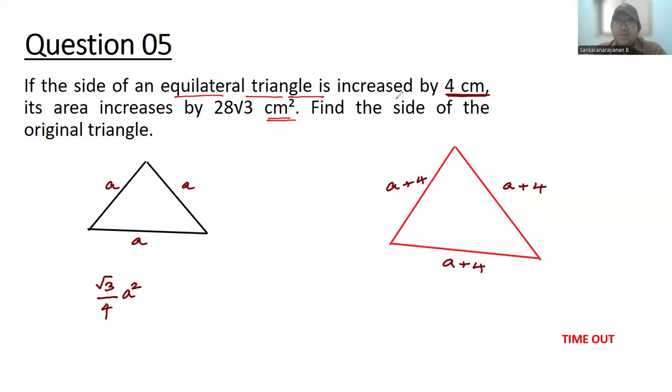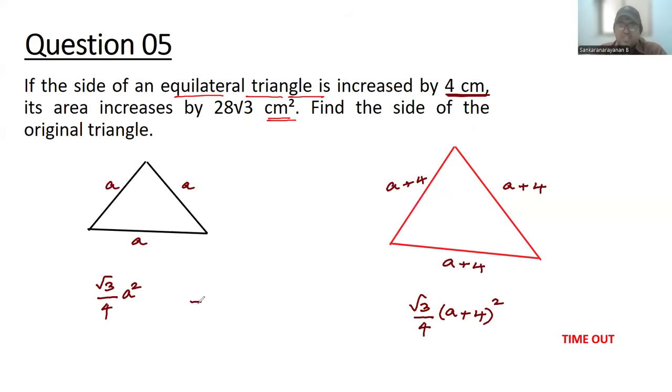Okay, now when you do it in this manner, what is happening? The area increases by 28 root 3 centimeters square. So I can see now the area of this triangle will be root 3 by 4 into a plus 4, the whole square. Now they are telling you how they are connected.